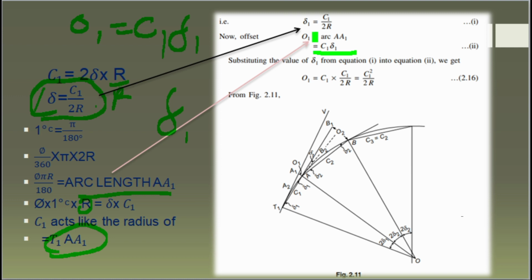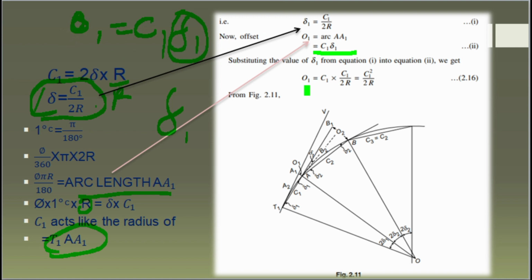So my offset 1 is equal to the chord length 1 multiplied by that deflection angle 1, and our deflection angle was given earlier. We had calculated it earlier as C1 over 2R. So we go directly and import that value there.